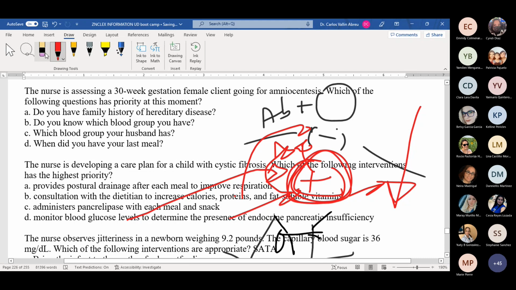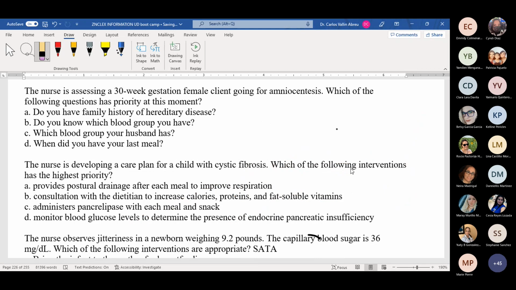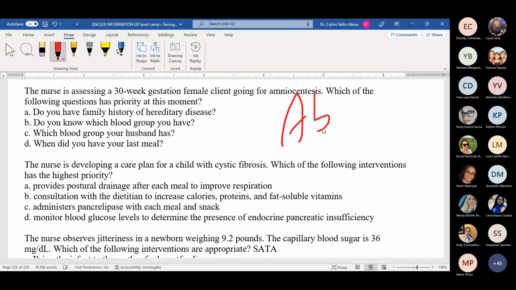Why am I mentioning the word Coombs? Coombs is a blood test that determines if the woman has or not antibodies against positive. So if the woman is Rh negative, she should also be tested for Coombs.